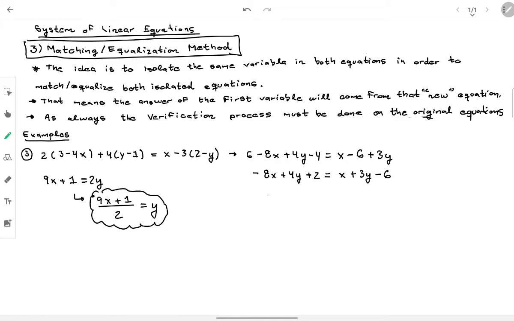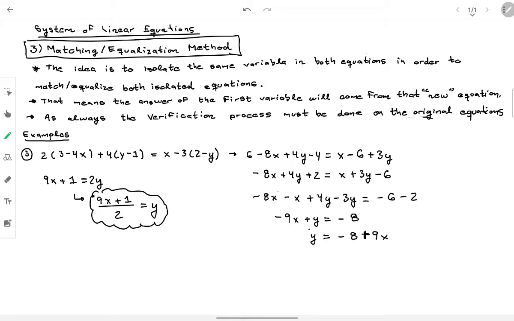So it's going to be minus 9x. Well, I will do it in steps for explanation purposes. Minus 8x minus x plus 4y minus 3y equals minus 6 minus 2. Minus 9x plus y equals minus 8, y equals minus 8 plus 9x.